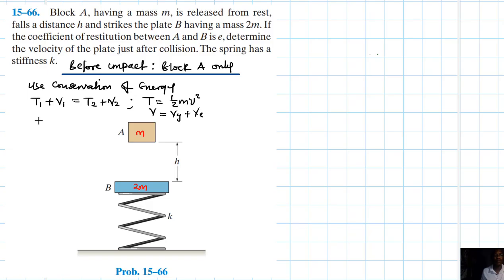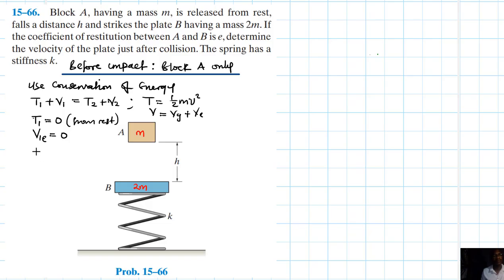Since this is starting from rest, T1 is just going to be 0, and then we have V1 also equal to 0.